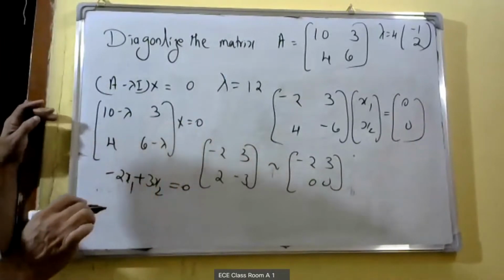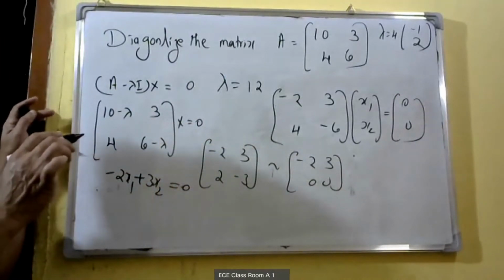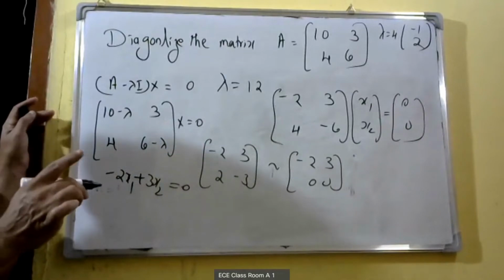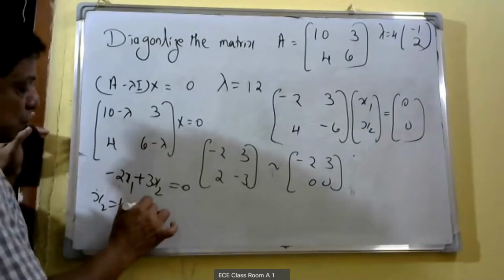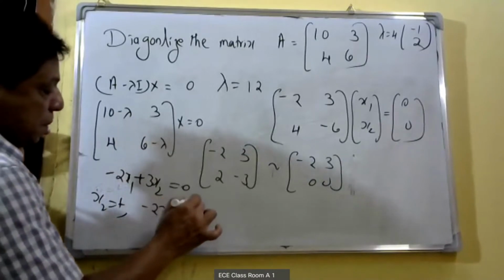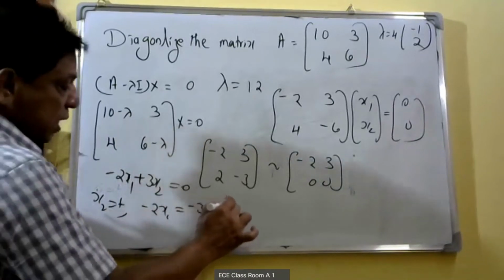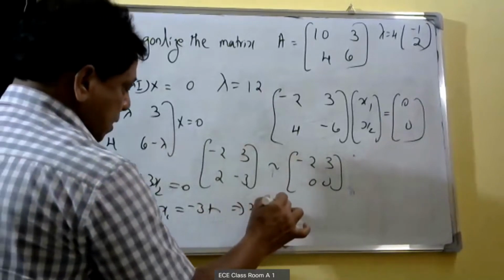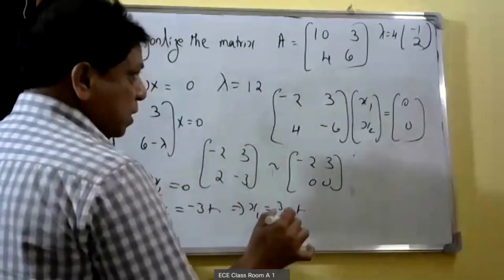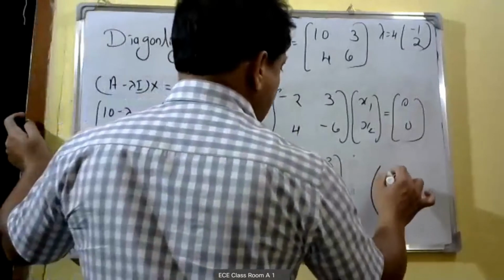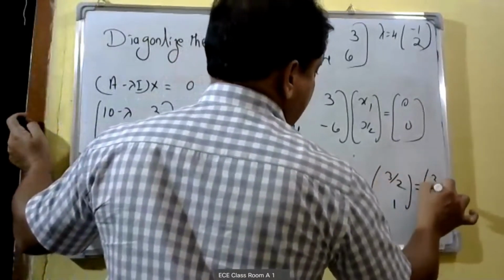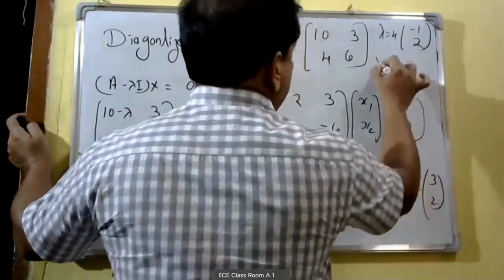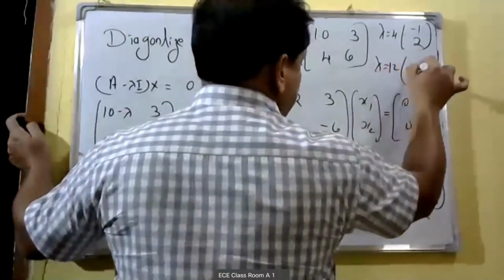Since rank is 1 and the number of unknowns is 2, we choose one variable as arbitrary. x2 equals t. Therefore, 2x1 equals 3t, so x1 equals 3 by 2 t. Therefore, the eigenvector is [3 by 2, 1], that is [3, 2]. So for lambda equal to 12, the eigenvector is [3, 2].